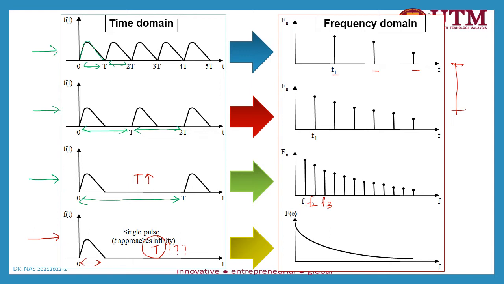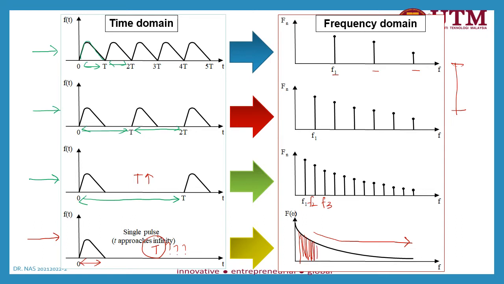But what happens when you have the unseen T? You don't know how long the T is. So the spectrum, or the signal in frequency domain, can be seen as a line spectrum up to infinity, because you don't know how small the F is. Okay, for example, like this.